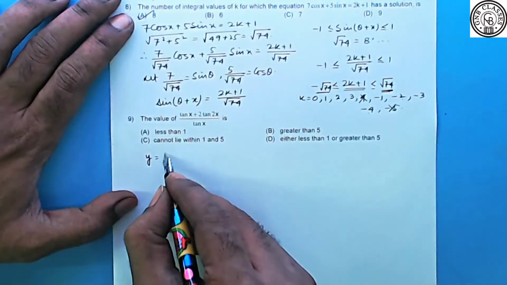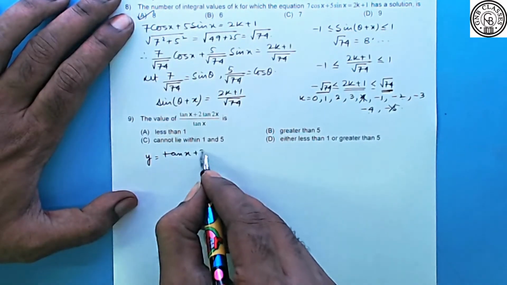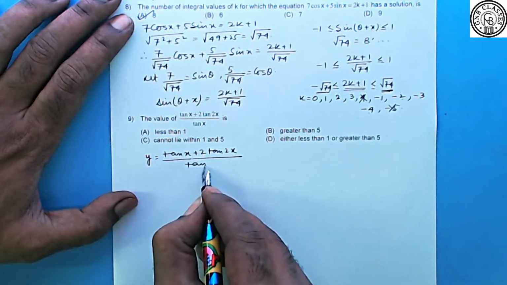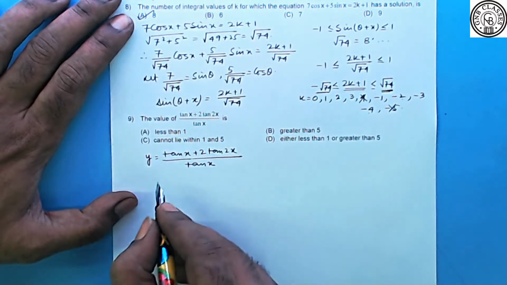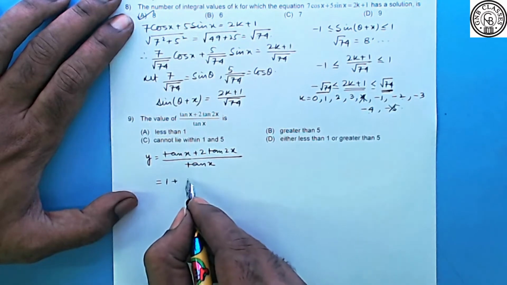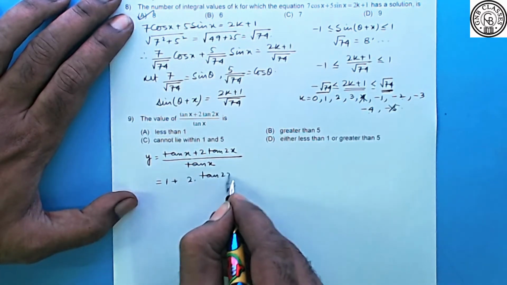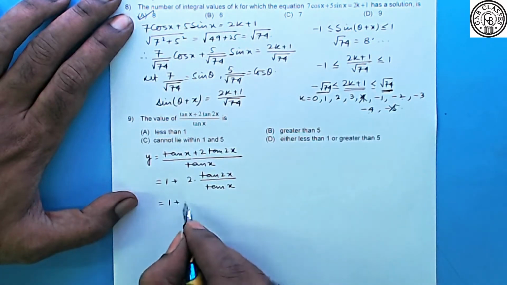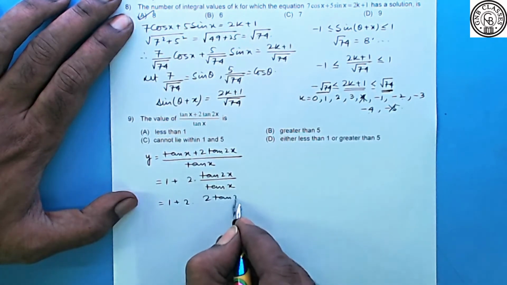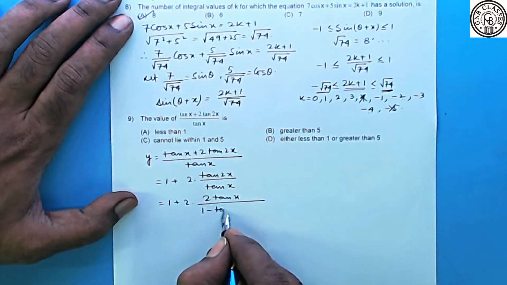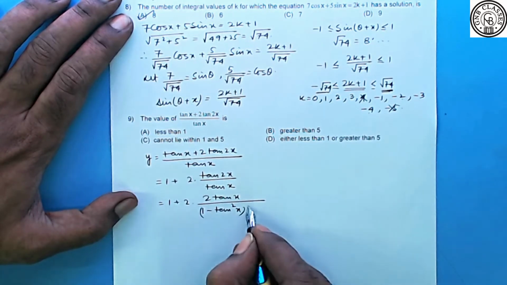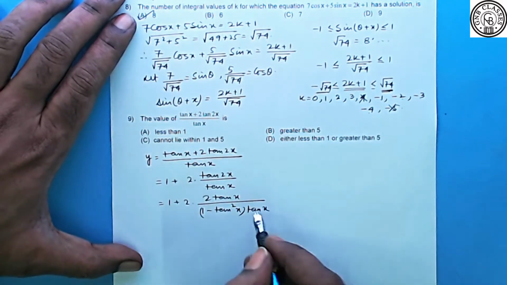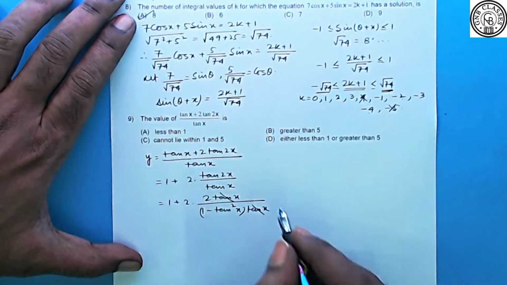Let us say y equals to... now if we separate, I'm simply expanding with the formula of tan 2x. Tan x goes off.